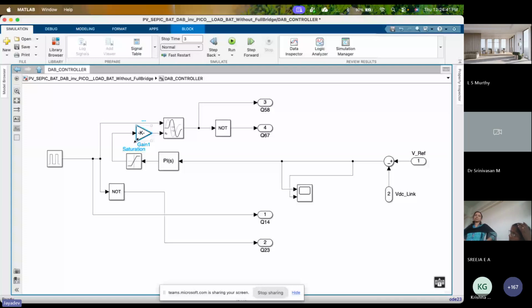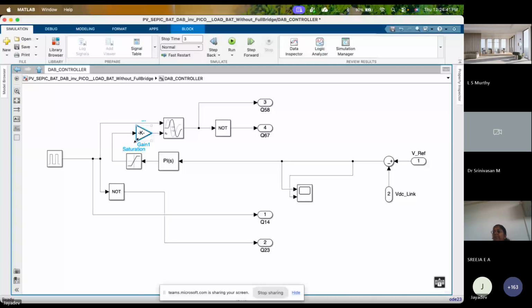That signal is compared with the second one, which is phase shifted by whatever is given by the PI output. Then that is fed to the secondary bridge, one for switches 5 and 8, and the inverted one is given to 6 and 7. As it is SPS mode, these two switches are switched on and off together.